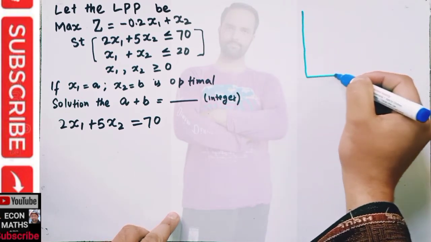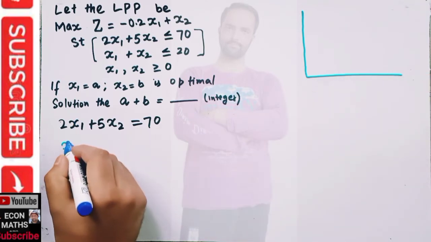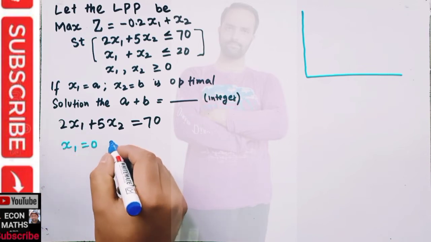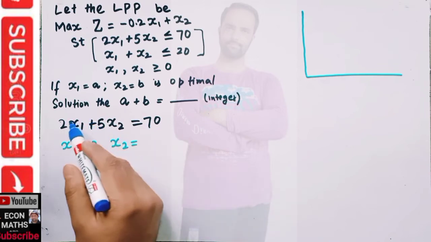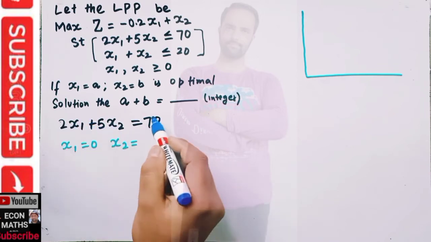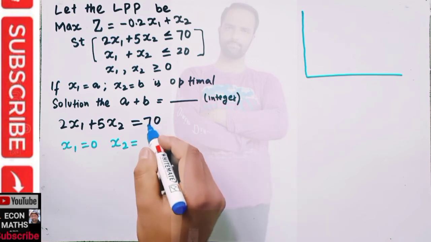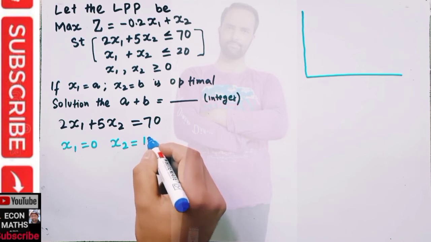Let us put x1 is equal to 0. If we put x1 is equal to 0, our x2 will be equal to 70 upon 5. So 70 upon 5 is 14: 5 ones are 5, 5 twos are 10, 5 fours are 20.